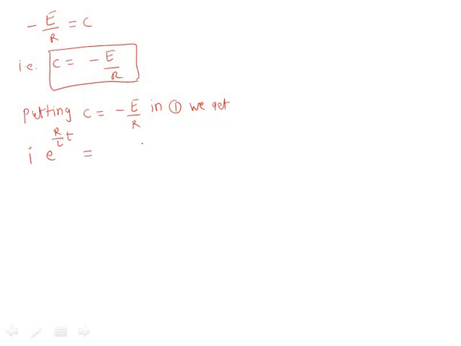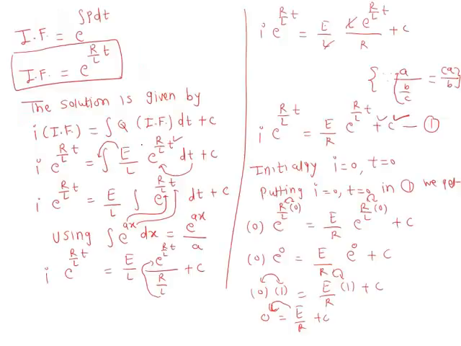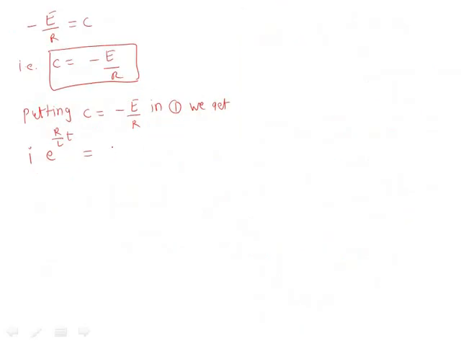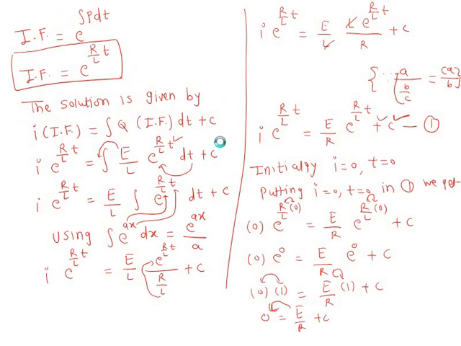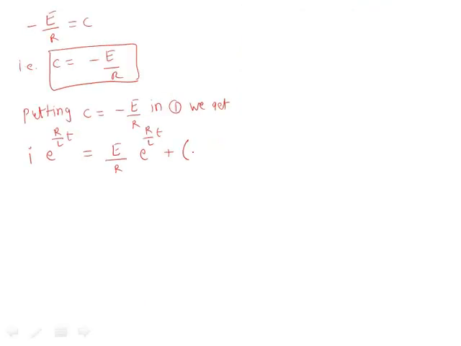In equation 1 it is E by R, e raised to R by L into t, plus sign is there, and here the value of c is minus E by R. This minus and this plus become minus, so it becomes E by R, e raised to R by L into t, minus E by R.